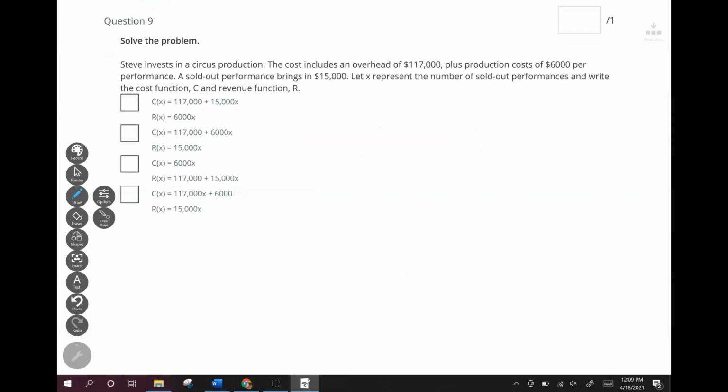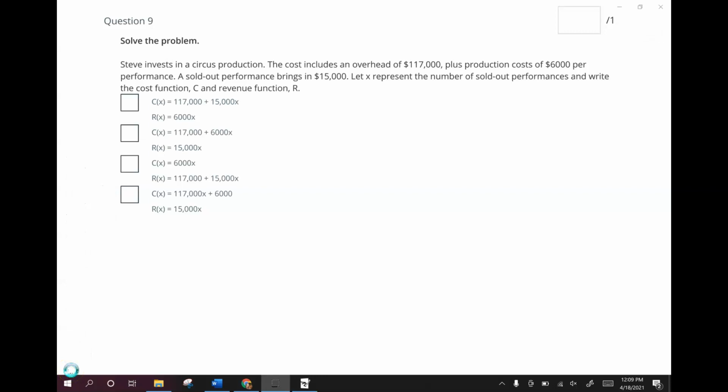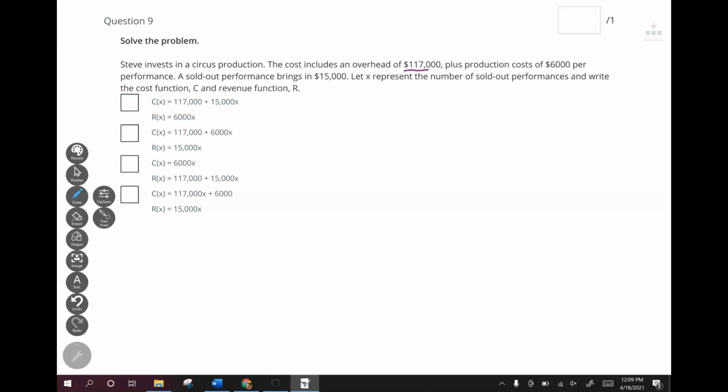All right, let's look at this word problem. Steve invests in a circus production. The cost includes an overhead of $117,000 plus production costs of $6,000 per performance. A sold-out performance brings in $15,000.